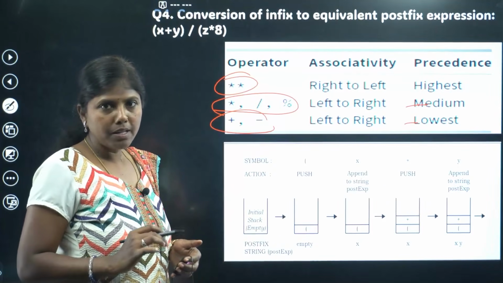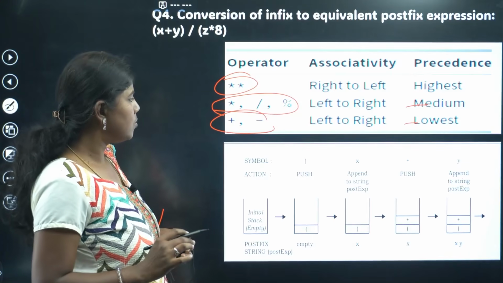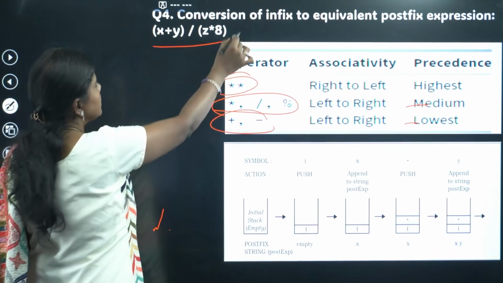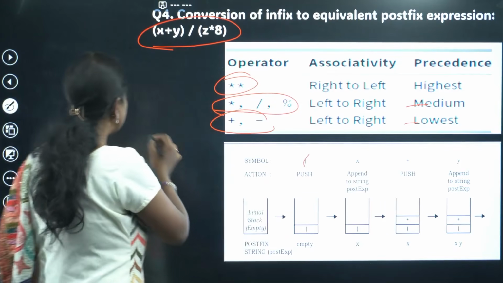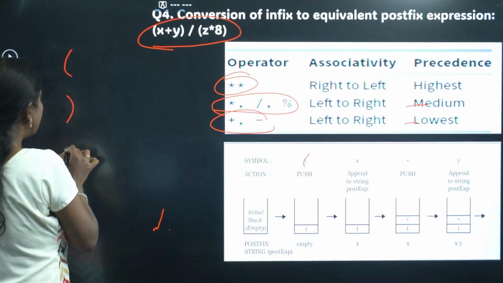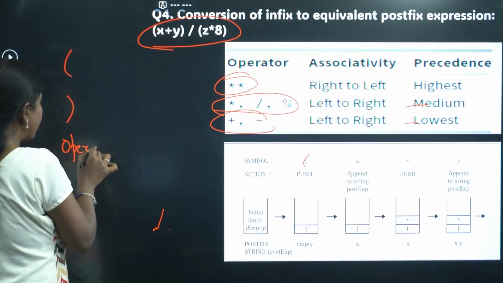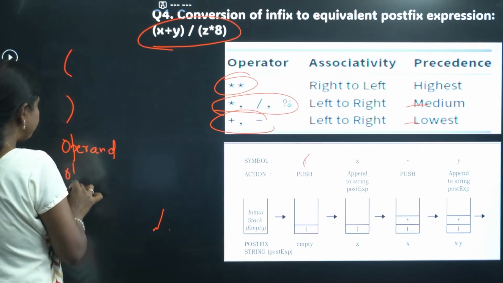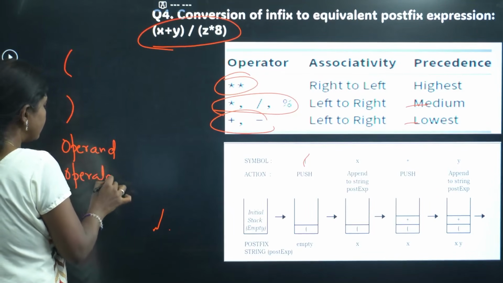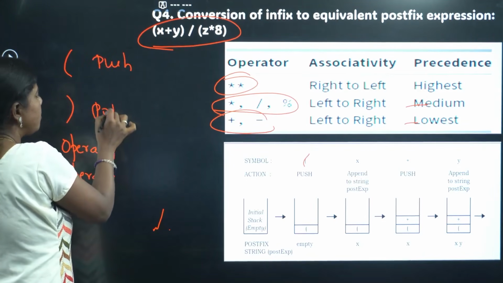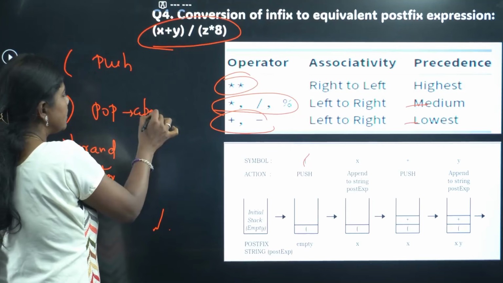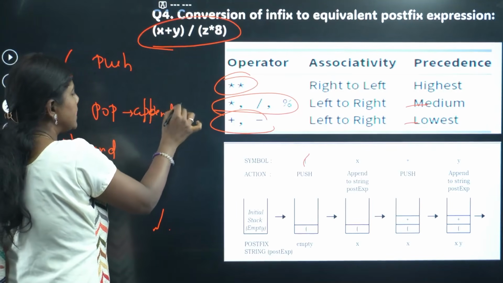Okay, we'll take an example now. What is the example they have taken? That's going to be very simple. That's going to be the same example. Okay, we have a left parenthesis, an operand, and then an operator. We have an operator. That means what? Push, pop, keep on popping, append, discard.